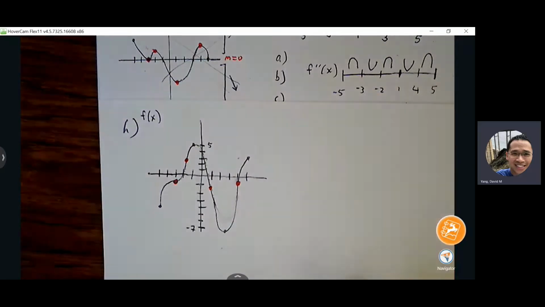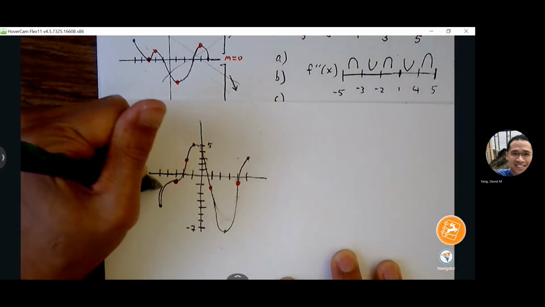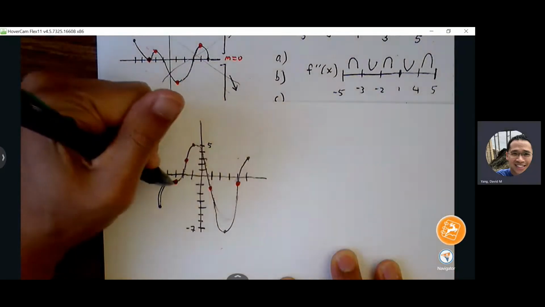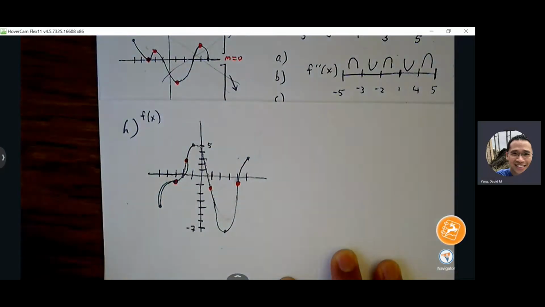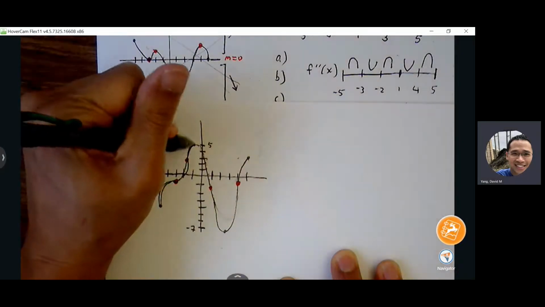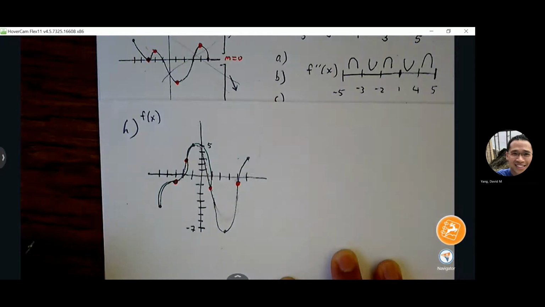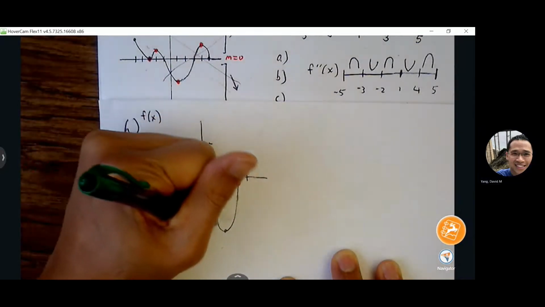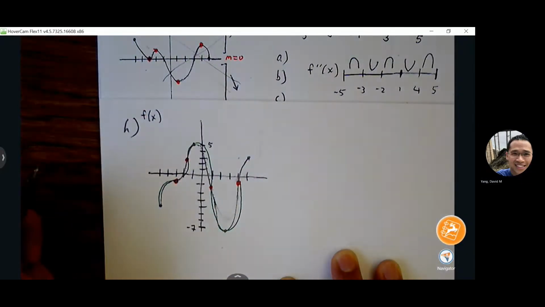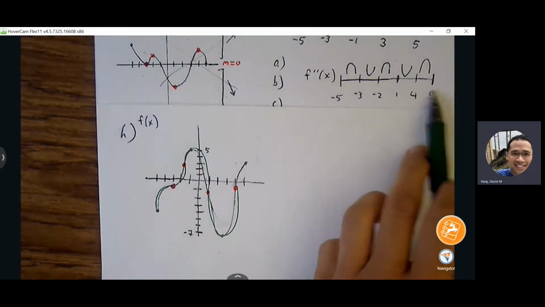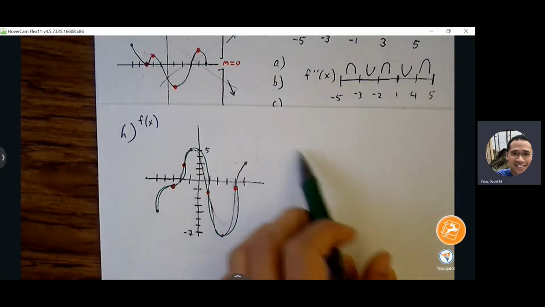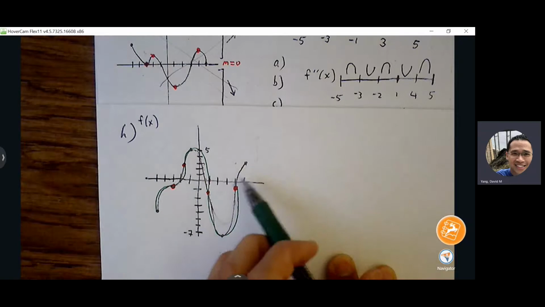Okay, so I'm starting with concave down, moving to concave up, concave down, concave up, concave down. Now, when you do concave down here, make sure that you don't do the full concave down, because we're maintaining our positive slope, right?